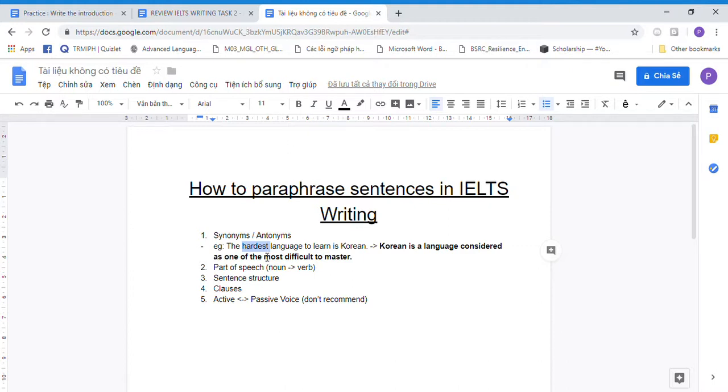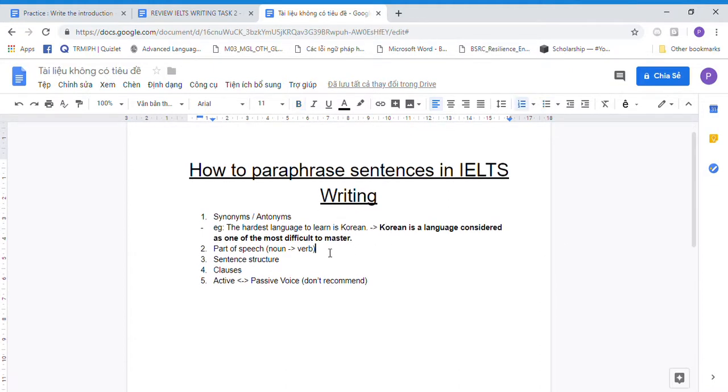They change it into the most difficult. To learn is changed to to master. And they also use a different sentence structure, like is a language considered.